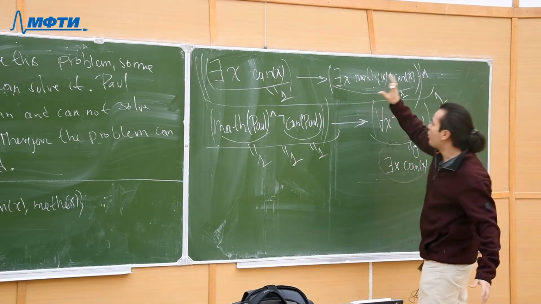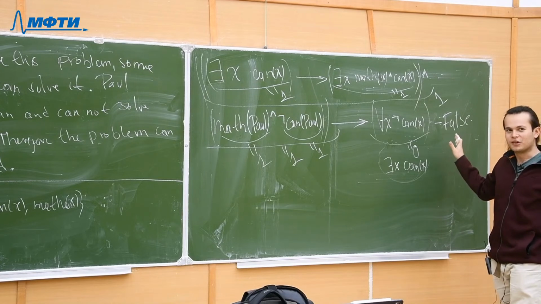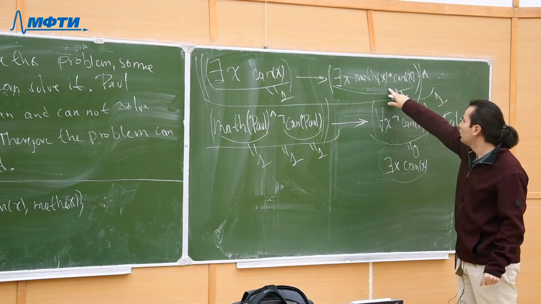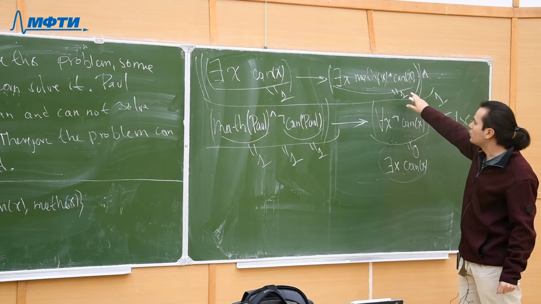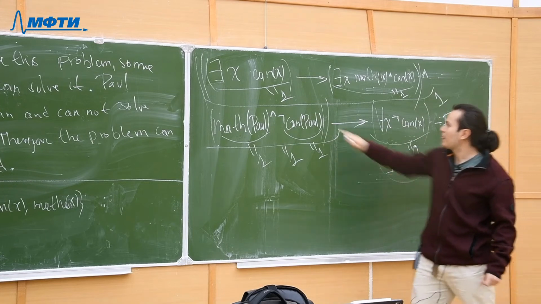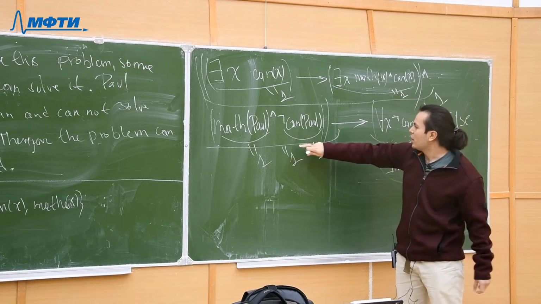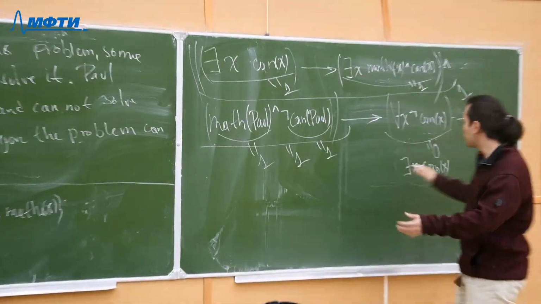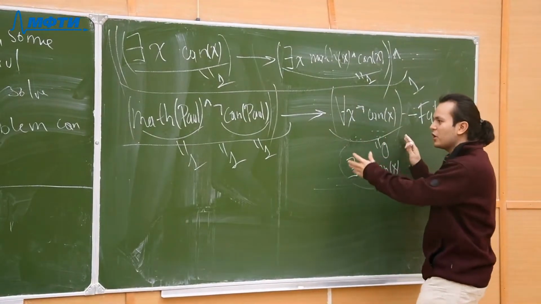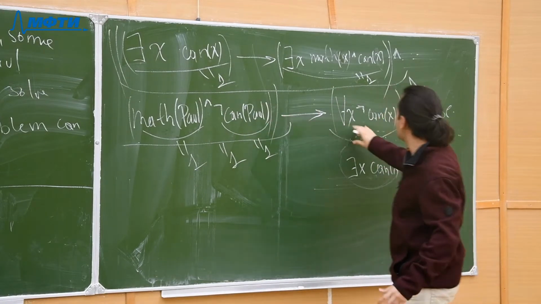Then, since we have one here true and here false, then the implication from true to false is false.